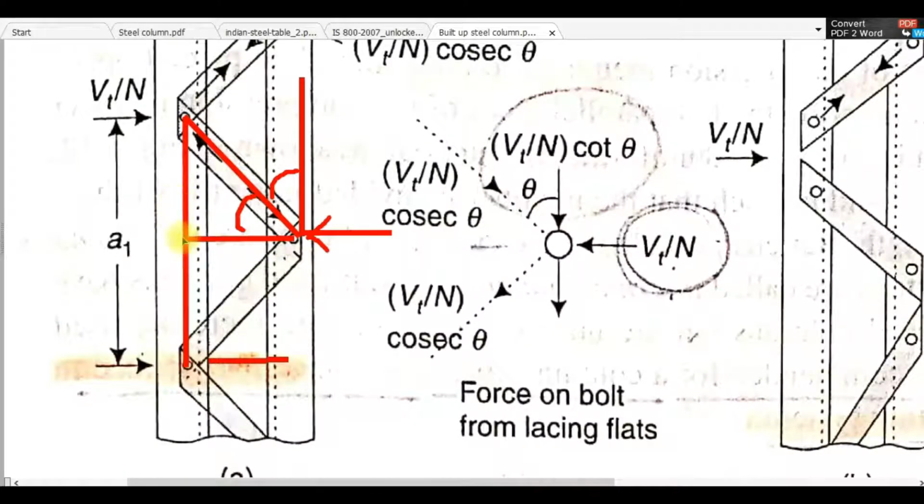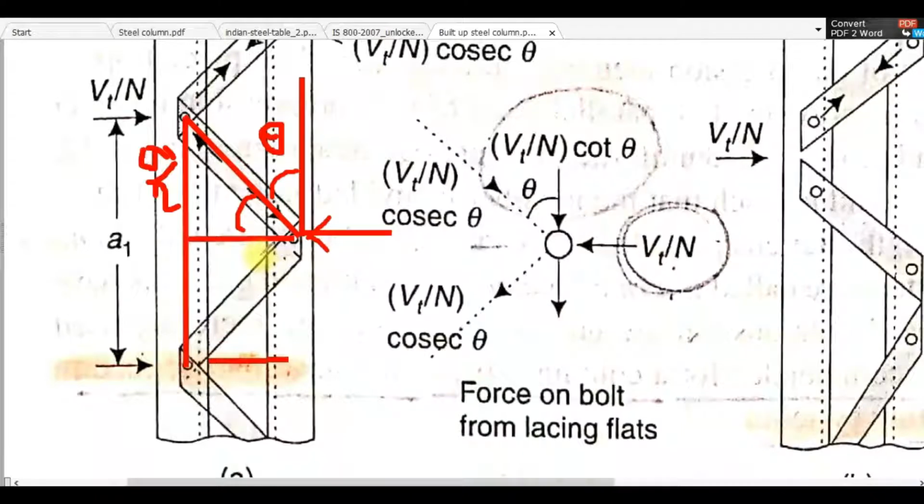From this bolt to this line is a1 by 2. If you see this angle, it is theta, and this other angle is 90 minus theta.